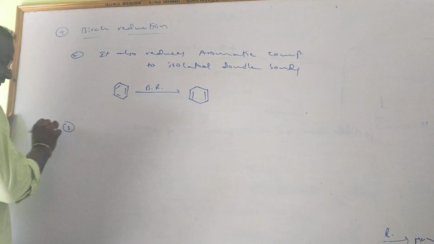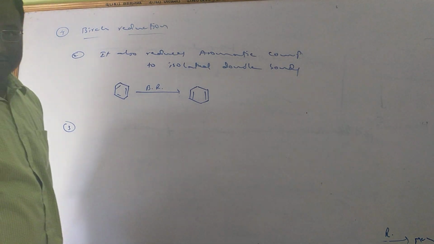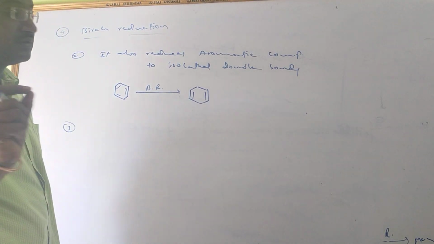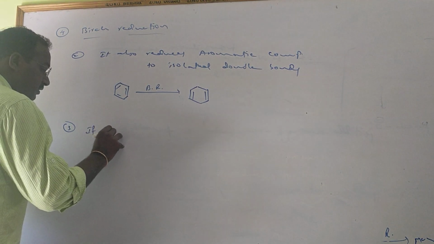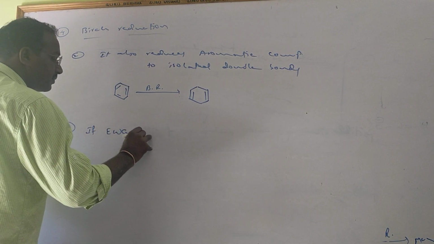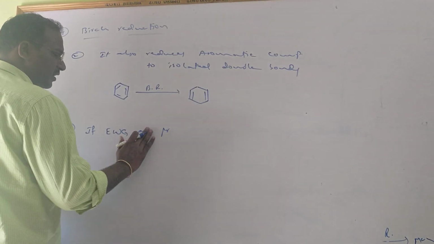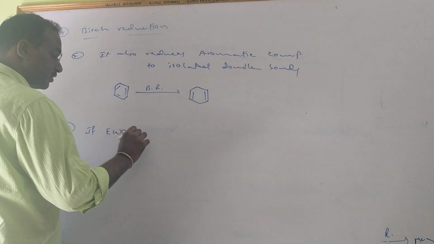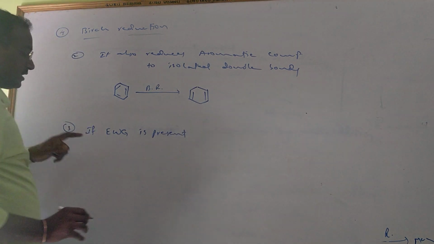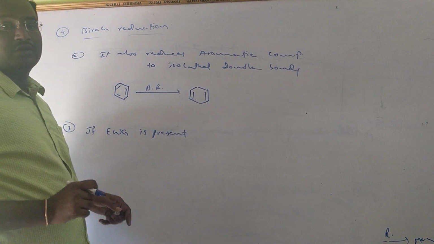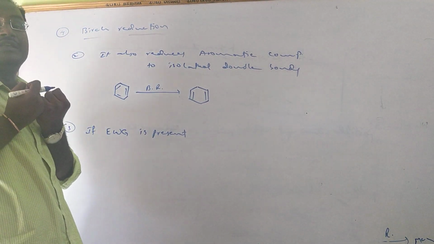And number 3, the third variation in Birch reduction is, if an electron withdrawing group is present, let me take one example, I am writing the shortcut EWG, electron withdrawing group. It takes electrons from the benzene ring.